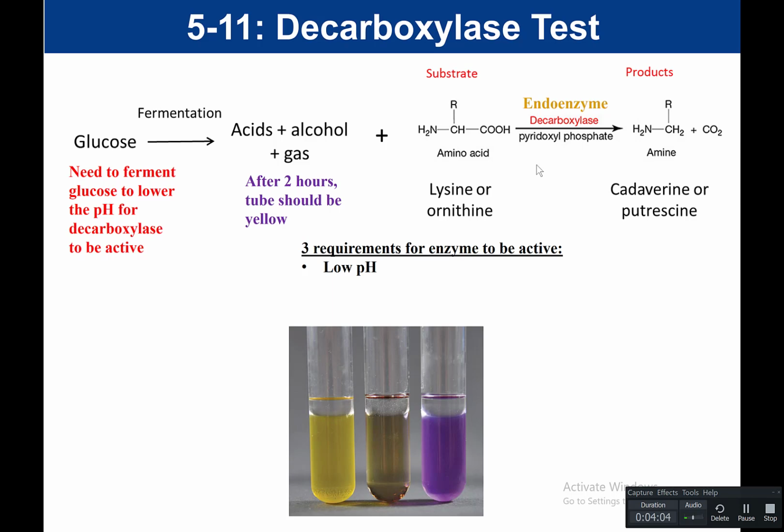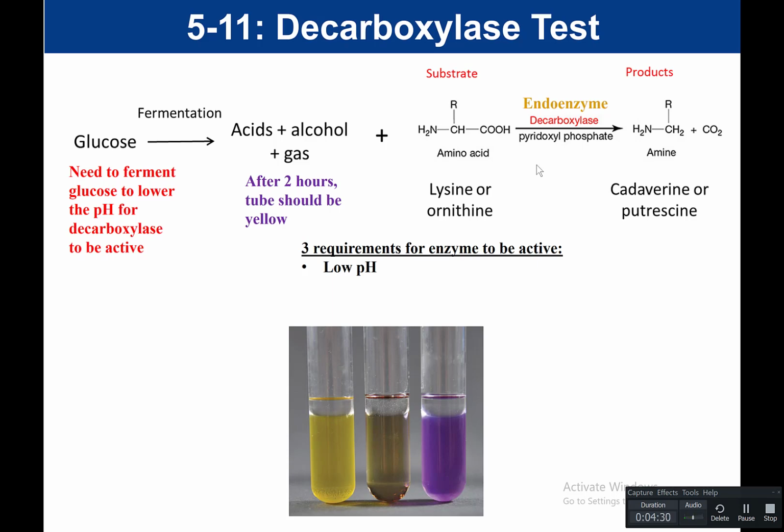They only want them on under certain conditions, if the bacteria needs them. So in order for decarboxylase to be active, we need 3 requirements. 1, the low pH. The way that we get the low pH is by putting glucose in the media, and the bacteria then need to ferment the glucose to produce the acids to allow the reaction to occur.